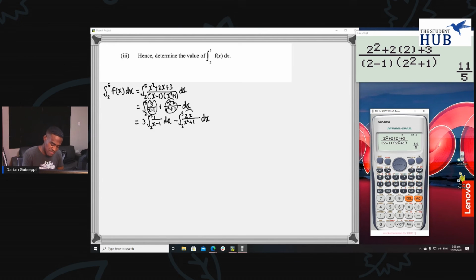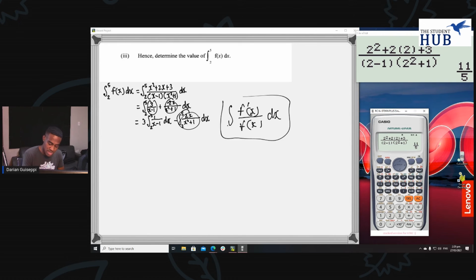And then this one, if you look at this here, there's a real important integration rule: the integral of f prime of x on f of x with respect to dx. This is what is going to be utilized here.